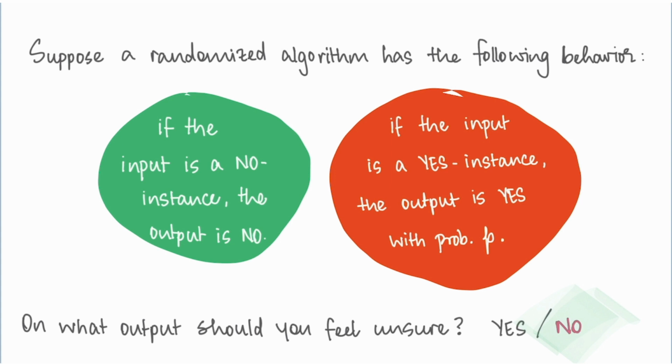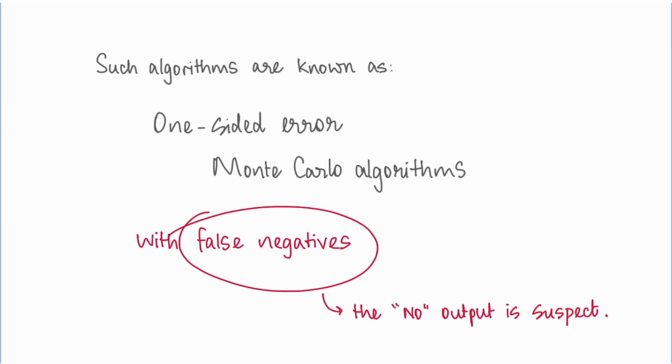However, if it says no, you're not sure about whether this was because it was truly dealing with a no instance or because it was dealing with a yes instance but it made a mistake with probability, say, at most 1 minus p. Such algorithms are called Monte-Carlo algorithms with one-sided error and false negatives.